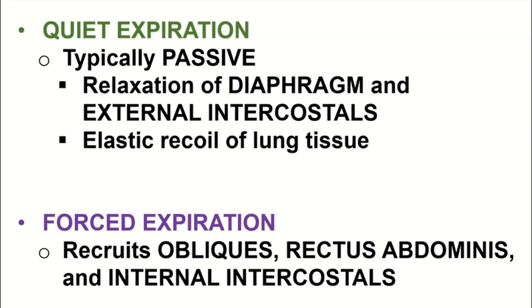Forced expiration, on the other hand, recruits several muscles to contract and further decreases the volume of the thoracic cavity during exhalation. So forced expiration, just like forced inspiration, would also occur during things like vigorous exercise or if COPD conditions are present. The muscles that are recruited during forced expiration are the oblique muscles, the rectus abdominis, as well as the internal intercostal muscles.